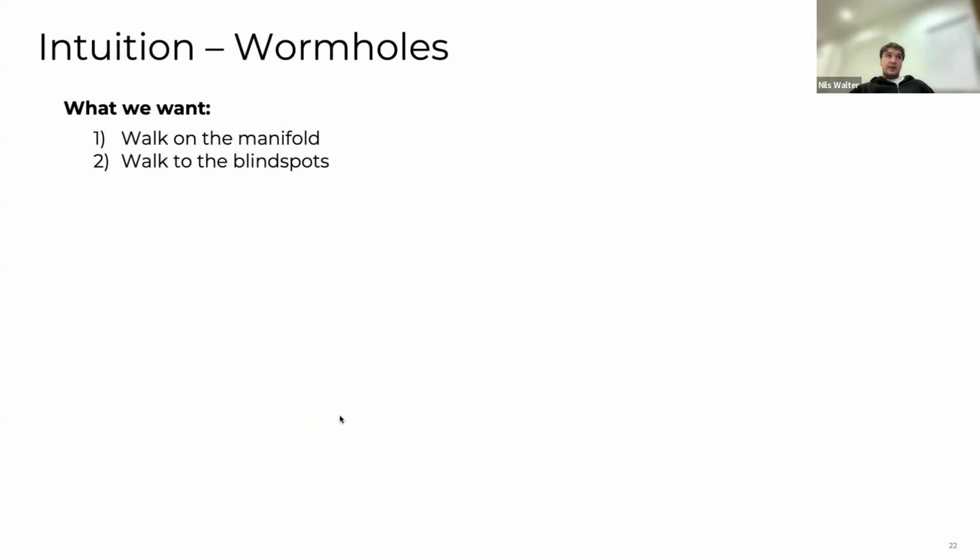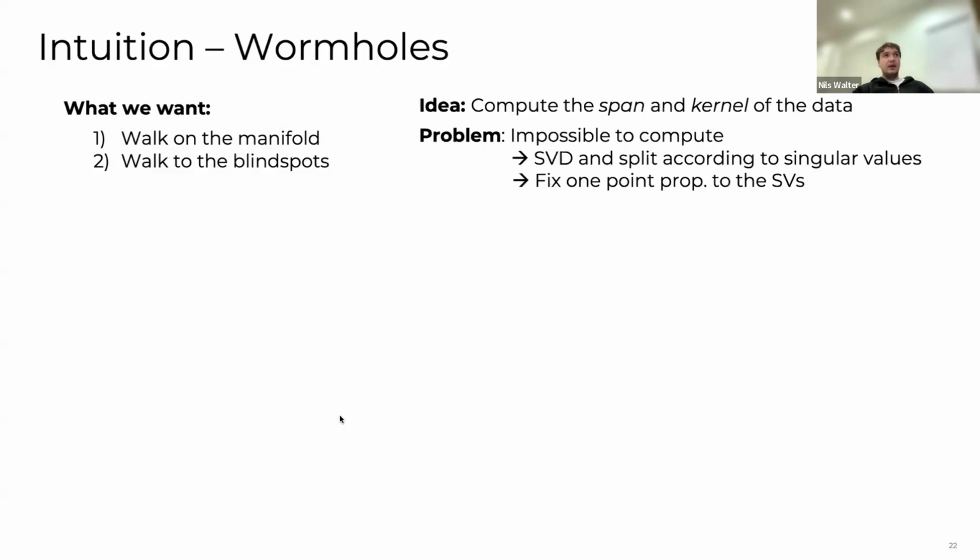There are works that learn the noise distribution of these adversarial attacks, for example with a GAN or something like this, and you can create adversarial examples, but it's not what we want, because it's not a nice mathematical description that you can look at. So the idea is that we compute the span and the kernel of the data. I mean, span maybe; kernel we can't.